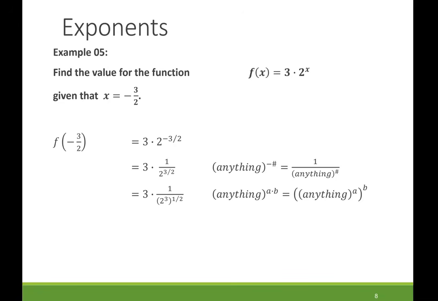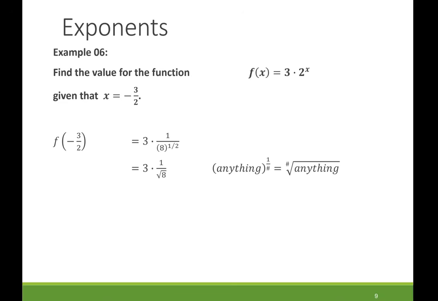So I'm going to take the 3 and push it inside and the 1/2 on the outside. You could do the reverse, it's fine also, but it's not as obvious what to do with that. 2 to the 3rd is 8. So I have 8 to the 1/2, and remember 1/2 is the same as a square root.